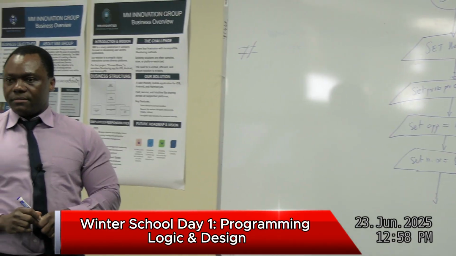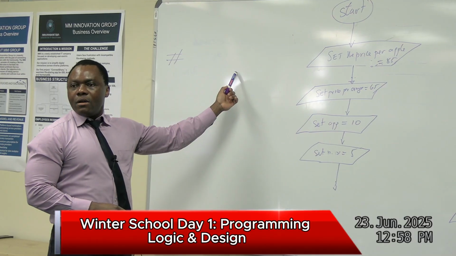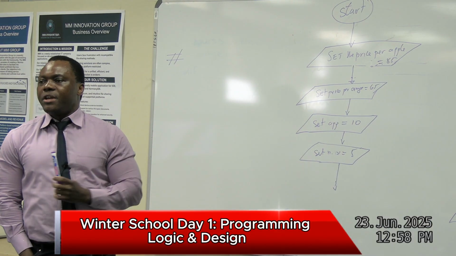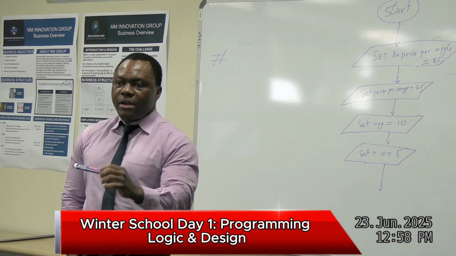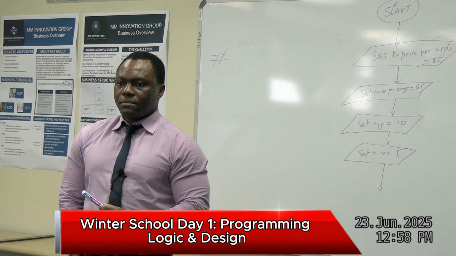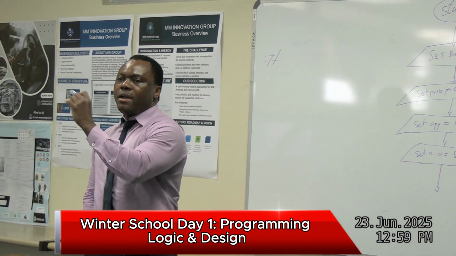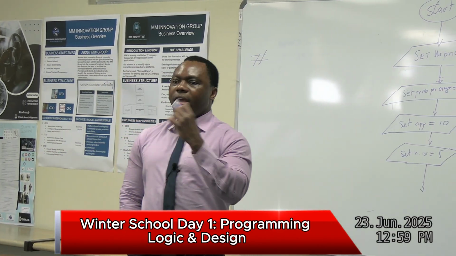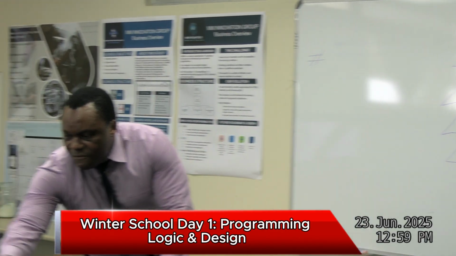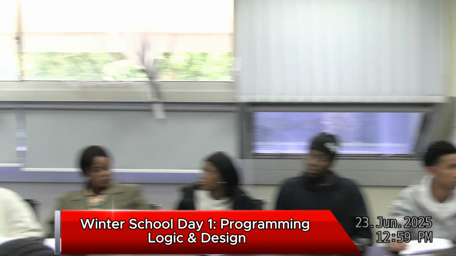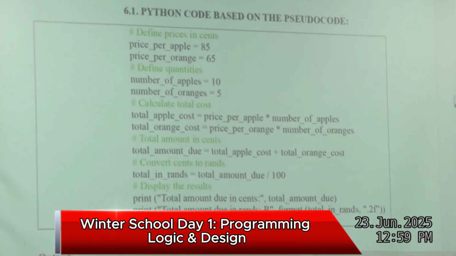That is a comment, which means you are explaining what the next statement will be doing. A comment explains what the next statement will do. You are giving a comment based on what the statement will be providing as output or entering or processing. For instance, here we said define prices, which means the first line we have to define the price.